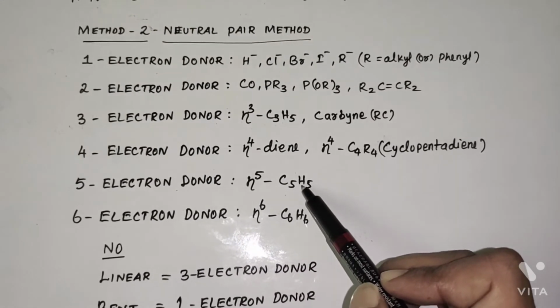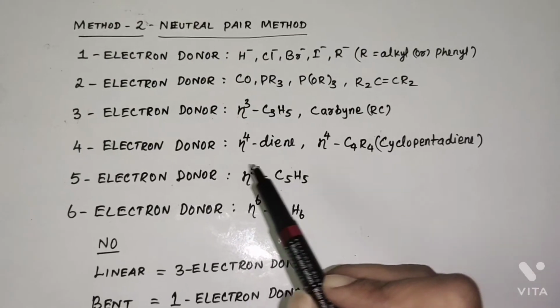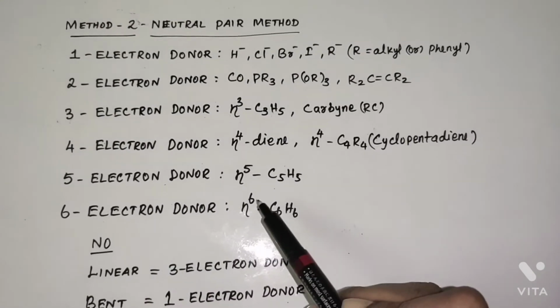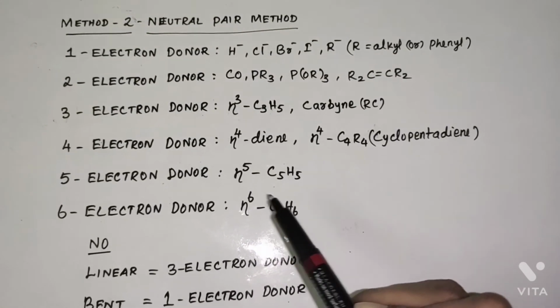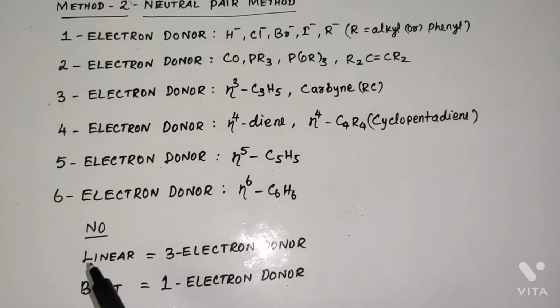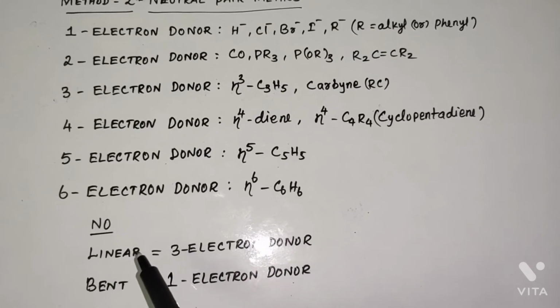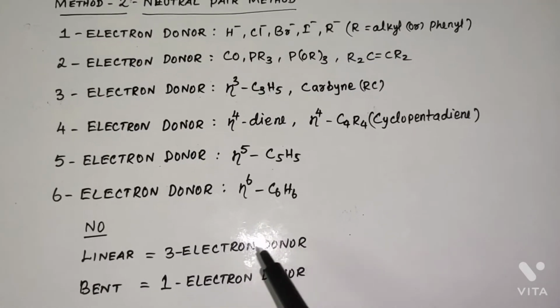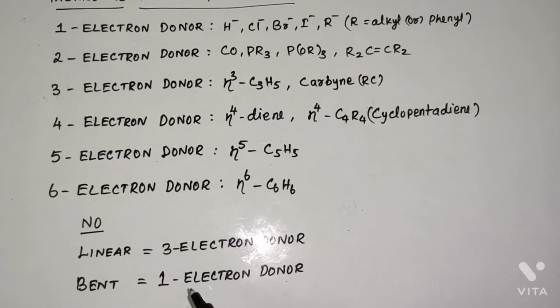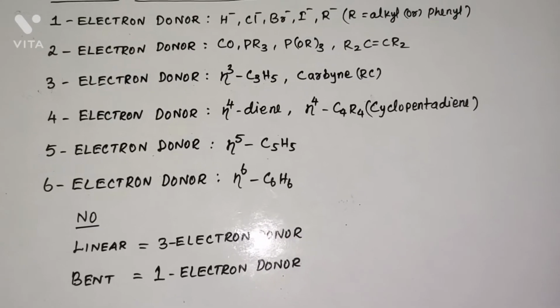Pentaapto C5H5 cyclopentadienyl is a 5 electron donor. Hexaapto benzene is a 6 electron donor. Linear NO is a 3 electron donor. Bent NO is a 1 electron donor.